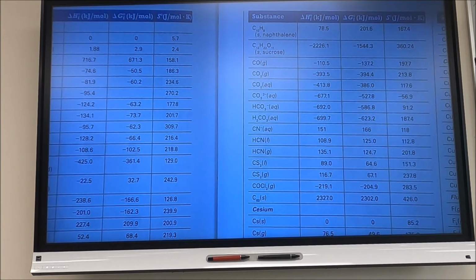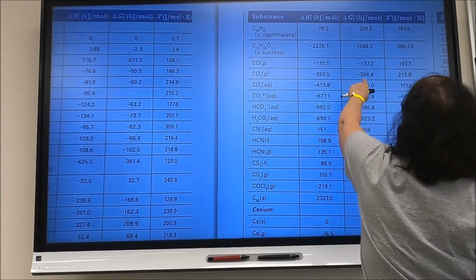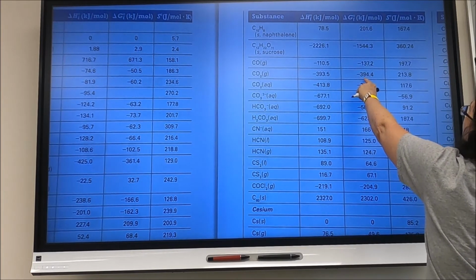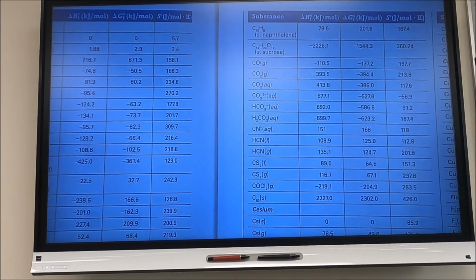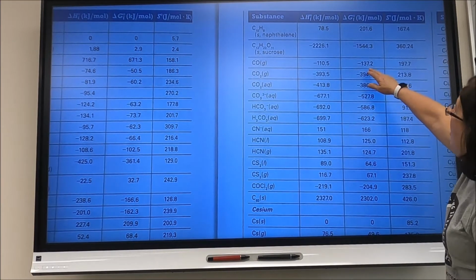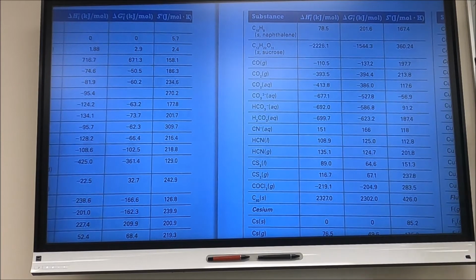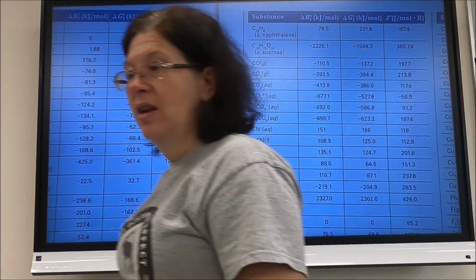Carbon dioxide gas has a delta G of formation of minus 394.4 kilojoules per mole. For carbon monoxide gas, it's minus 137.2 kilojoules per mole. Now I need to look up nitrogen and nitrogen monoxide.